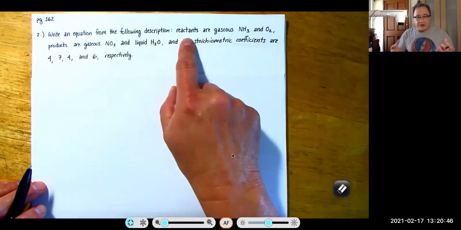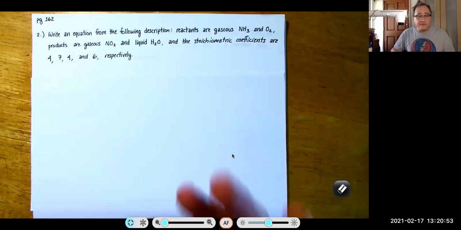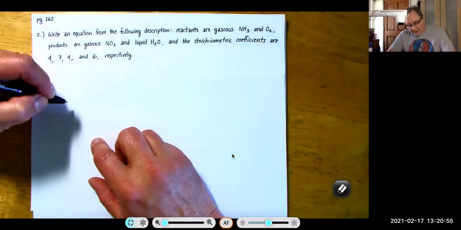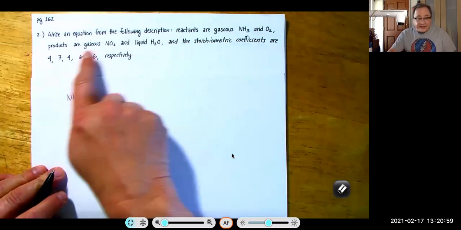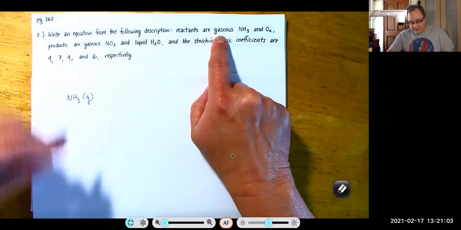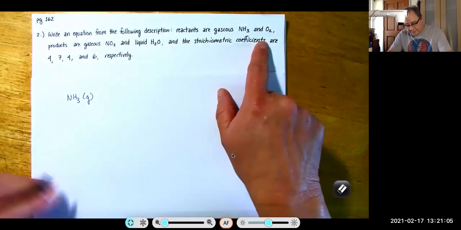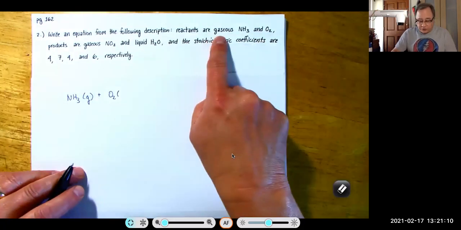Reactants means that they are going to combine together, or that's what you start with. So we're going to write NH3, and it says gaseous, so we use a G for that. And then O2. And since they don't tell us a different state for O2, we're going to assume gaseous.